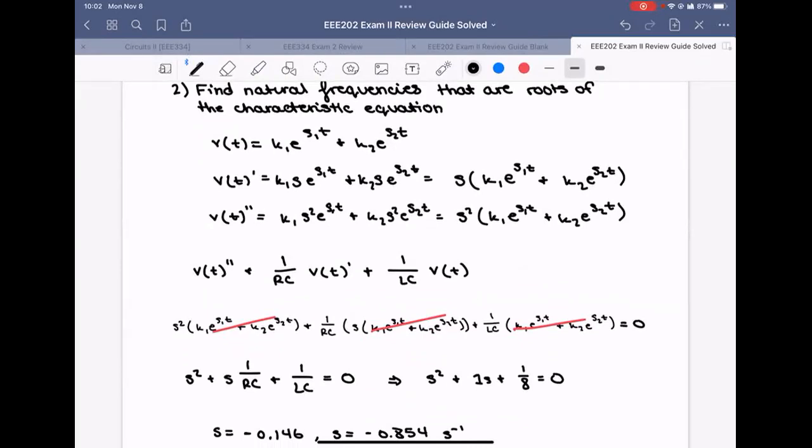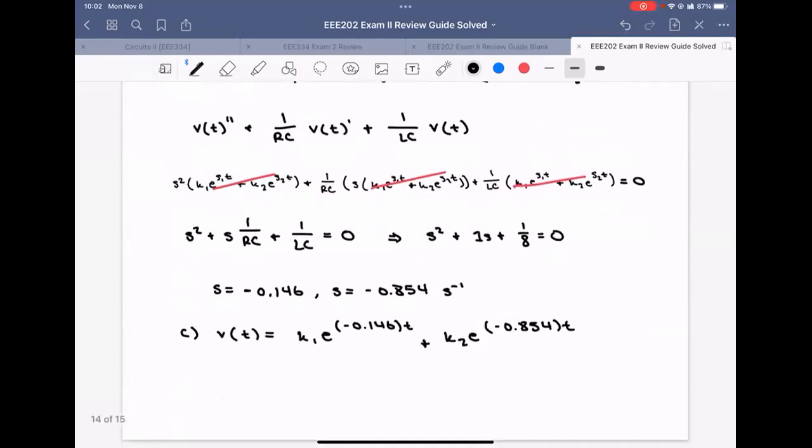This is the whole proving and deriving, but you'll really just have to get from here to here. And then lastly, solving for s, which if you've got a calculator, you just put it in, right?